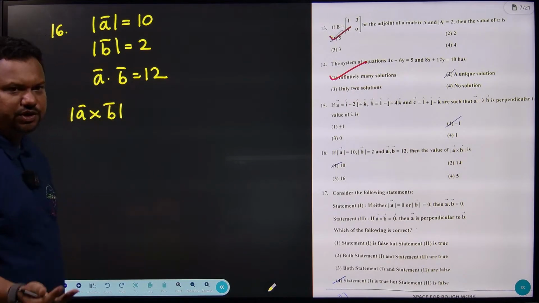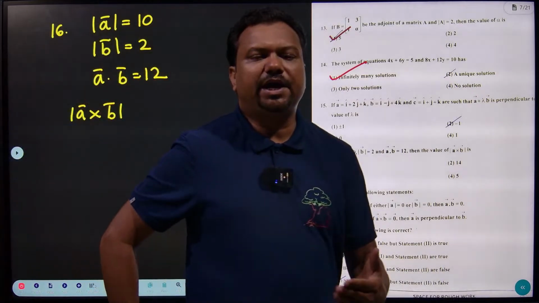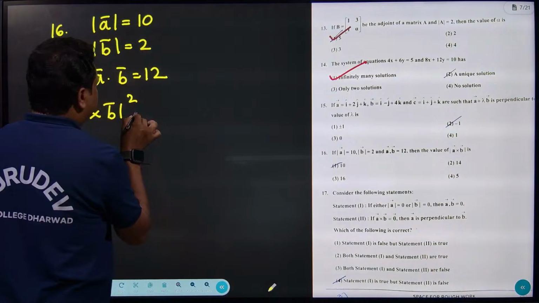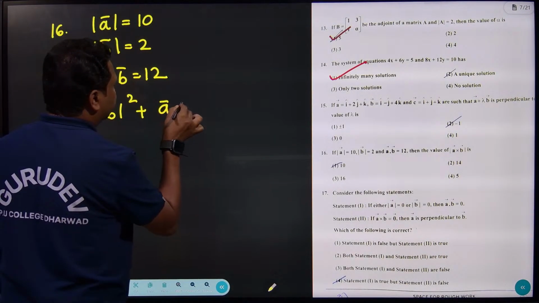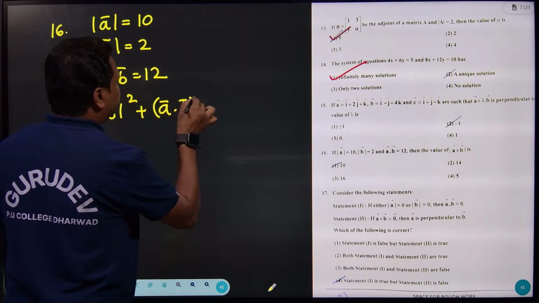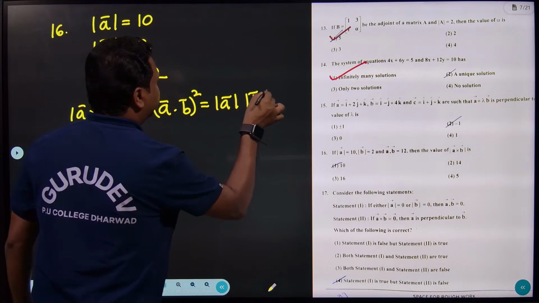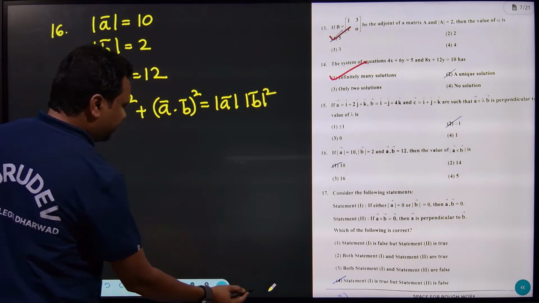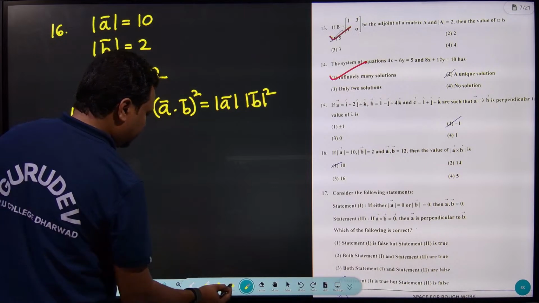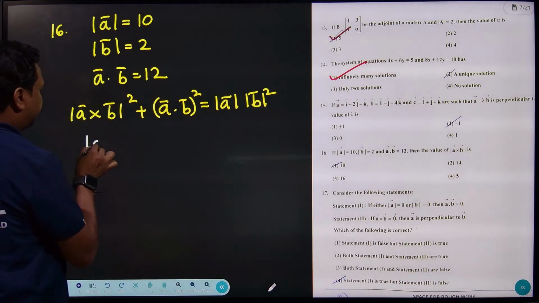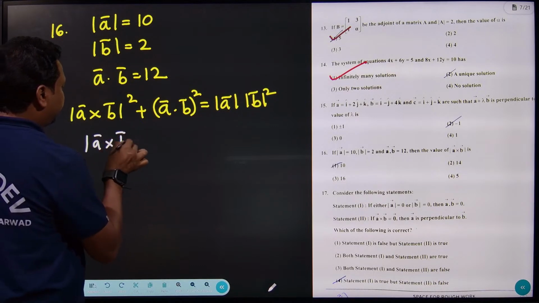Of course you can solve it in different ways. From my end, what I am requesting, just take care of this identity: magnitude of A cross B squared plus (A dot B) squared is always equal to magnitude of A squared into magnitude of B squared. Now substitute the values.